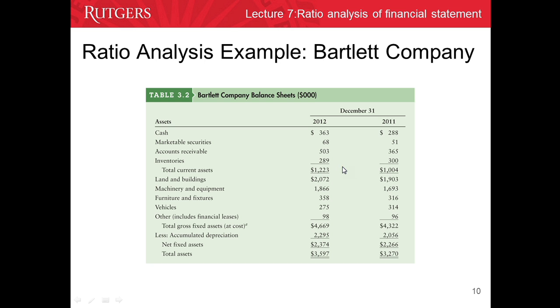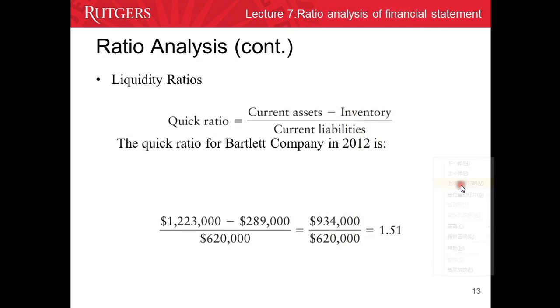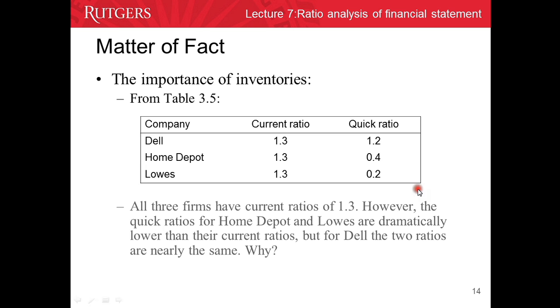So we just need to use the total current assets, $1,223,000, minus the $289,000, and then divide it by the $620,000, which equals 1.51. So we can see that these two different ratios indicate the importance of inventories.